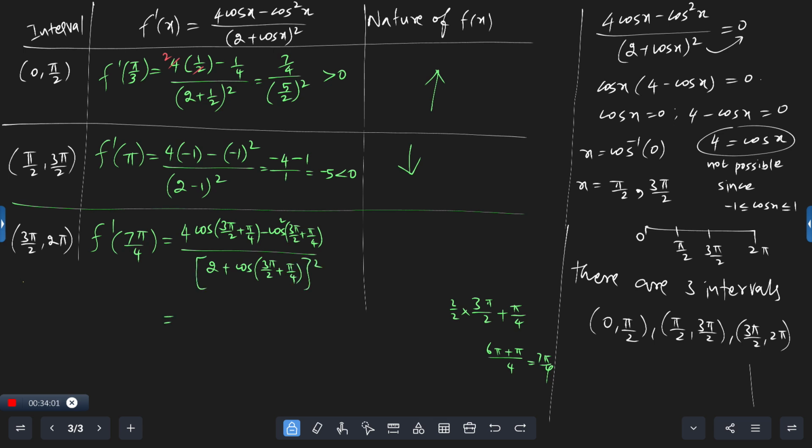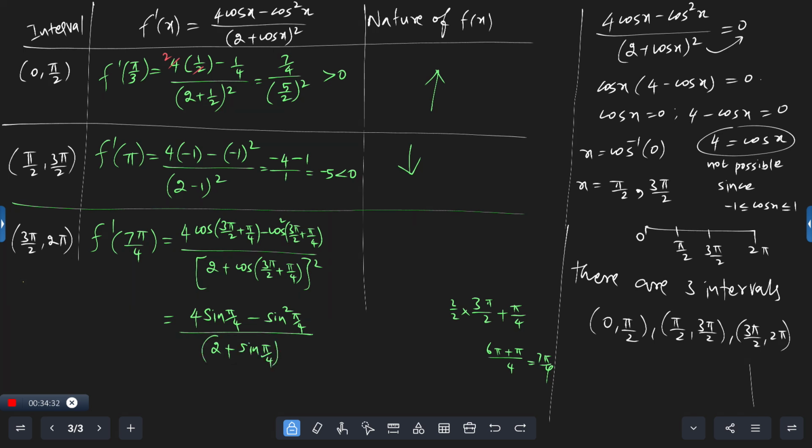Now listen. 270 plus theta is in the fourth quadrant. Is cos positive or negative in the fourth quadrant? Positive. So cos is positive, but 270 changes it, so cos becomes sin. Sin pi by 4 you will be getting. Minus sin square pi by 4. And 2 plus cos will become 2 plus sin pi by 4.